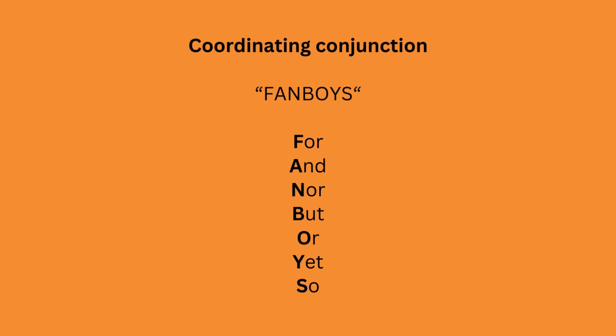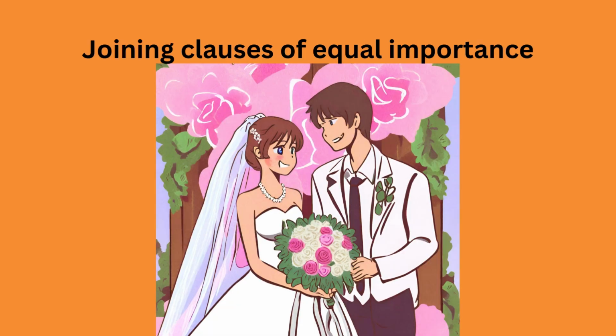These are generally used words as coordinating conjunctions. They are joining clauses of equal importance, like people getting married, perhaps. So one could call a coordinating conjunction the wedding ring of English grammar. It seems I'm in a romantic mood today.